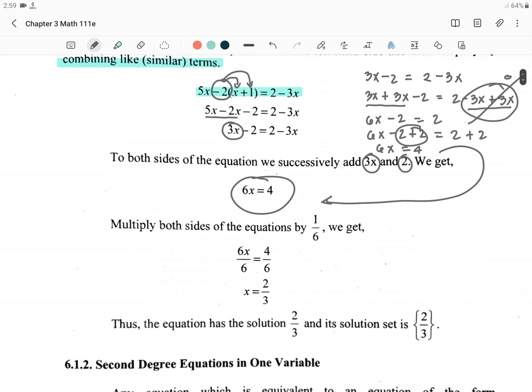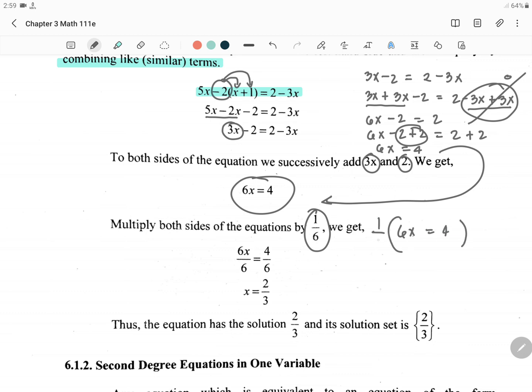Now, from 6x is equal to 4, we need to multiply both sides of the equation again by 1 over 6 para masimplify natin yung equation natin. So, from 6x is equal to 4, multiply natin both sides by 1 over 6 para makancel yung constant value natin na 6 diyan sa left side natin. Okay? Now, we proceed by writing this one is equal to 4 over 6.